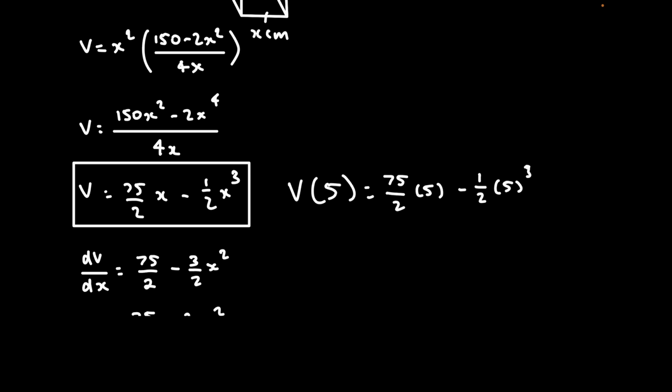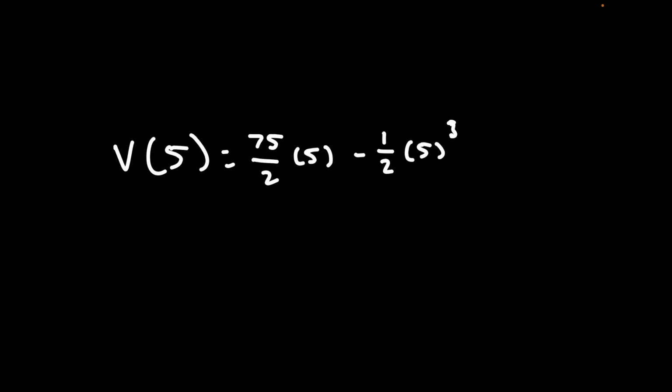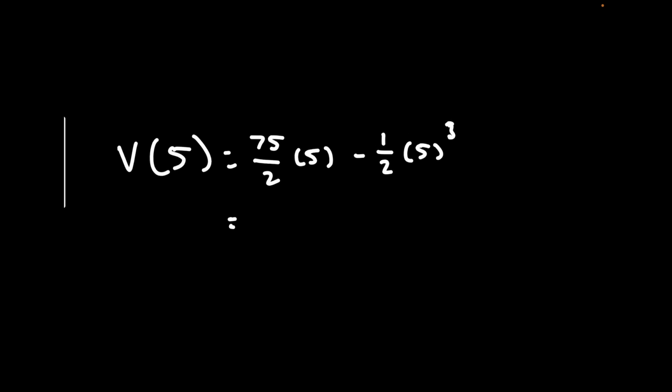Okay, and this does look a bit hard to do by hand, but let us do it anyway. So on the top, we get 75 times 5 minus 5 cubed times 1, or just 5 cubed, all over 2.